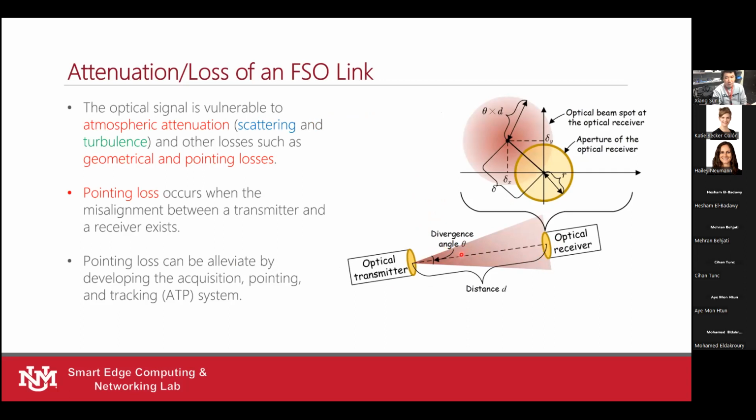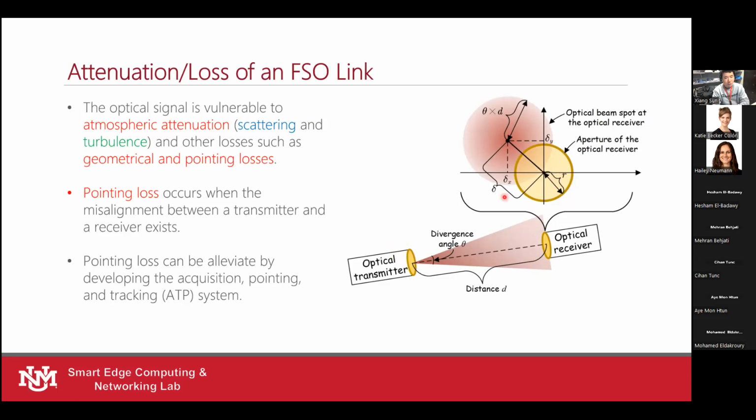For example, if your FSO transmitter and the receiver are built on top of two buildings, then the shake of the building caused by some wind would lead to the misalignment. As long as the center of the optical beam at the receiver does not overlap with the center of the aperture of the optical receiver, then the FSO link would suffer from the pointing loss.